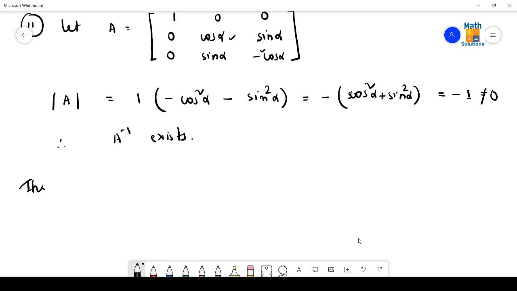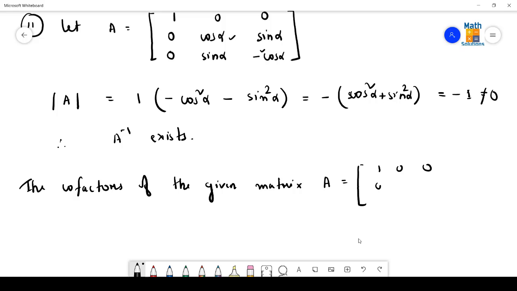Now let us come to the adjoint. The cofactors we have to find out, of the given matrix capital A, equal to 1, 0, 0, then 0, cos alpha, sin alpha, then 0, sin alpha, minus cos alpha.